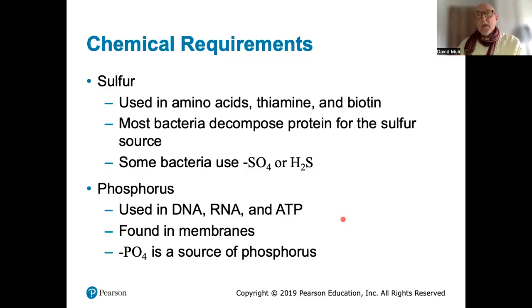Quite apart from that, the whole structure of the cell membrane depends upon the presence of phospholipids, of phosphate groups bound to lipid groups. Phosphate groups extracted from food are a major source of phosphorus.